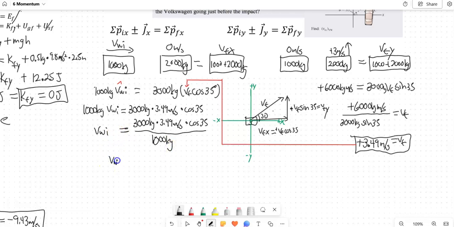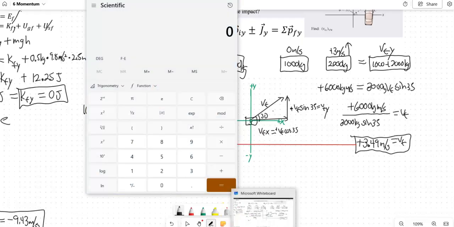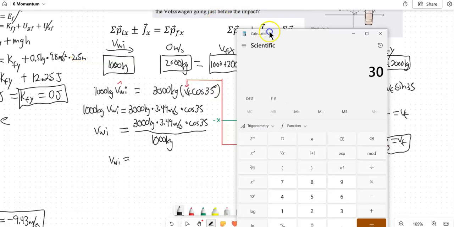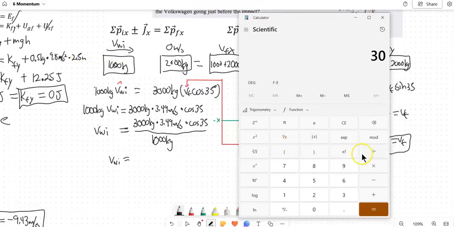So the initial velocity of the Volkswagen, whew, this can be a lot. Okay, so let's do the 35 cosine, back up a second.